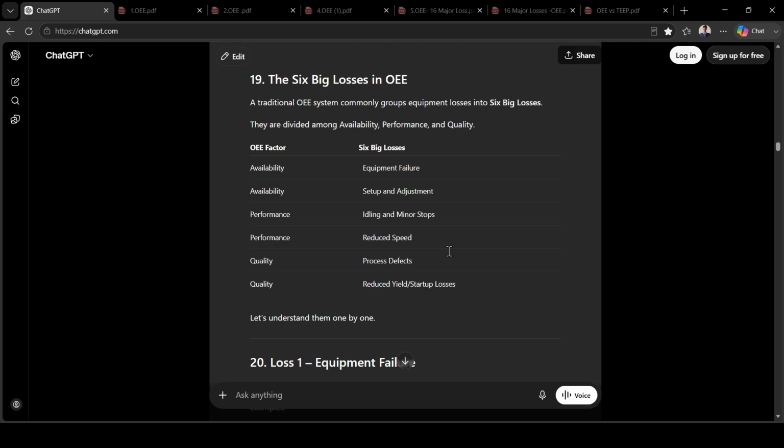The six big losses: availability, equipment failure; availability, setup and adjustment; performance, idling and minor stops; performance, reduced speed; quality, process defects; quality, reduced yield, startup losses. So let's understand them one by one.